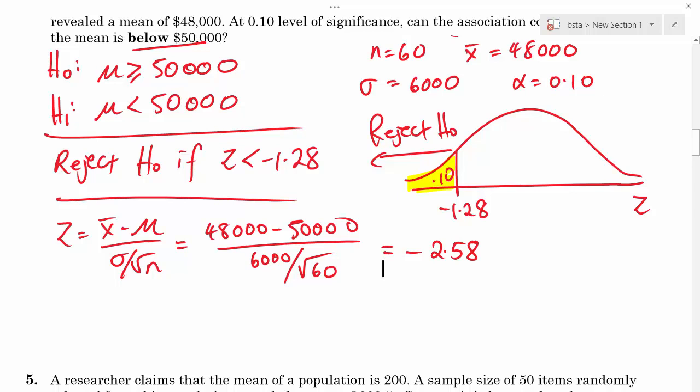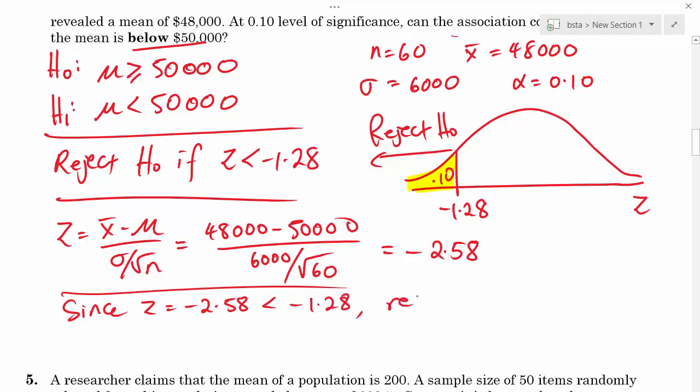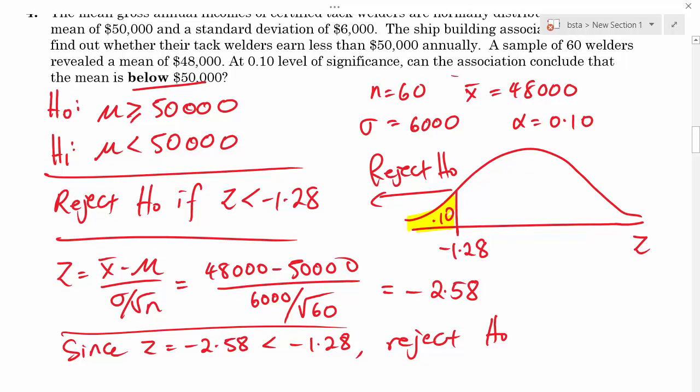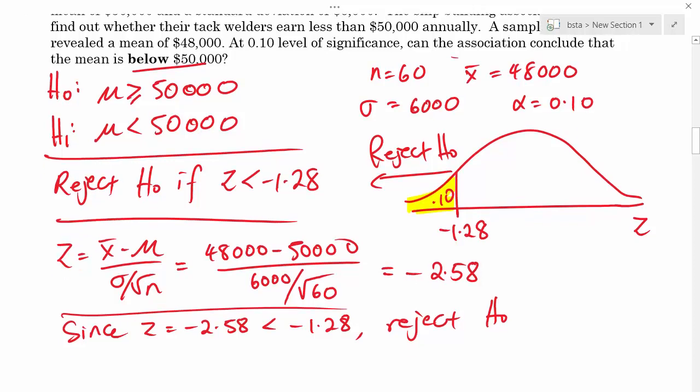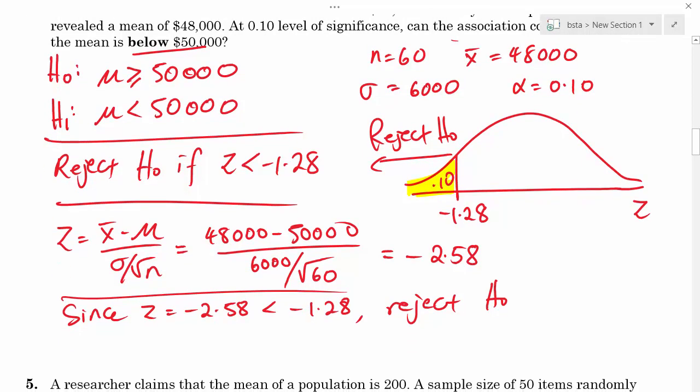So since Z equals negative 2.58 is less than negative 1.28, we will reject the null hypothesis. And if you reject the null hypothesis, you are supporting the alternative. So can the association conclude that the mean is below 50,000? Yes, because you have rejected the null hypothesis, you are supporting the alternative hypothesis.